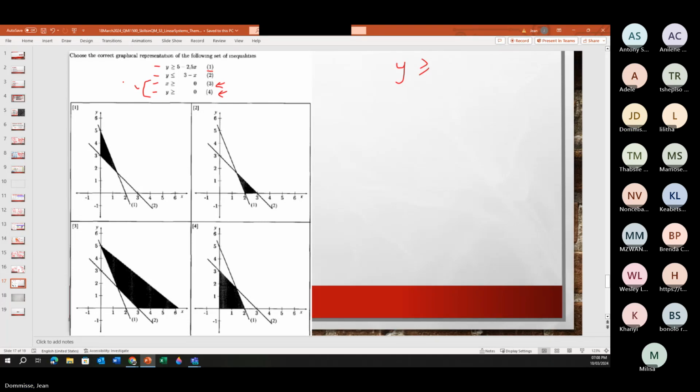Okay, so that is 1. It must be bigger or equal to. So we can already see that doesn't look like bigger or equal to, but let's just check all the other ones. Bigger or equal to. Okay, so that one falls into it.